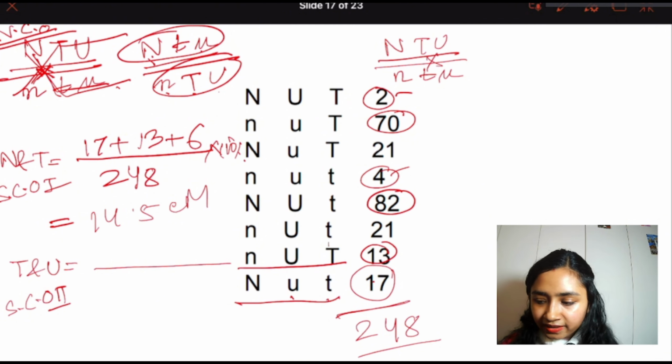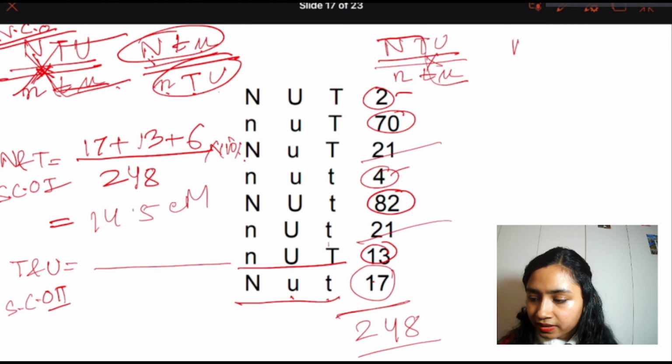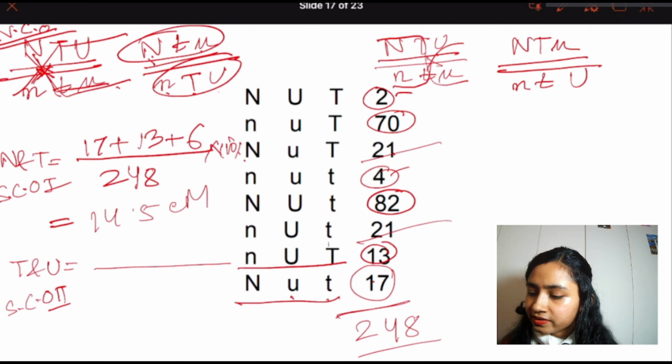We need not find it here because these two only are left, but let's match them whether they are matching with this. So capital N capital T small u, capital N capital T small u, and it will be small n small t capital U, small n small t capital U. So let's see it.